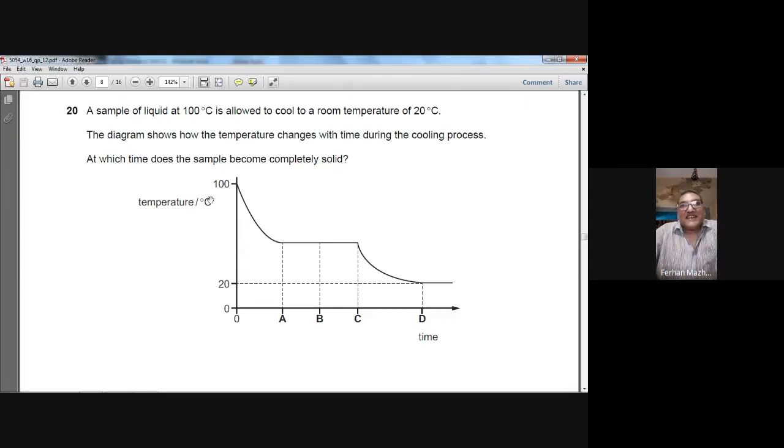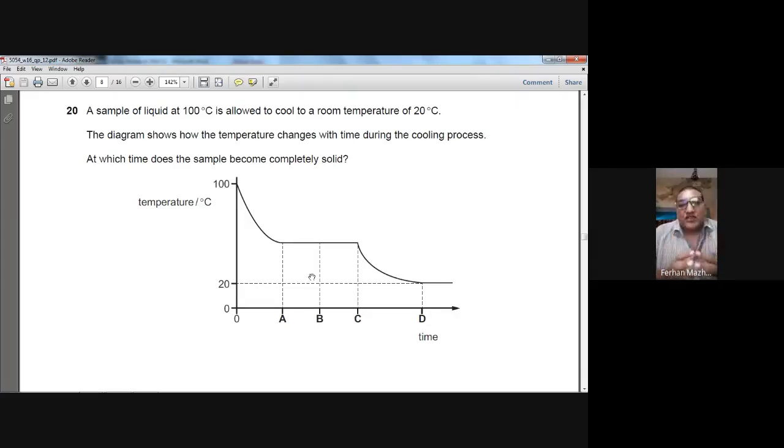You can see here it was a very hot liquid. And here you see, between A, B, and C, the cooling curve has become flat. The cooling curve becomes flat when the state is changing. So here, the liquid has started converting into solid. And after point C, the temperature again started falling.